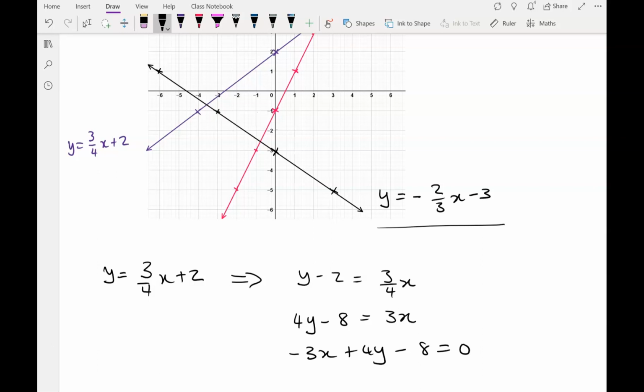If you have it in this format over here, where all the x's and y's and numbers are all on one side of the equation, and you don't have any one subject, then sometimes the dual intercept method is going to be the correct one to use. And that's something you're going to learn with experience, drawing lots of different graphs in lots of different situations. You choose the method or the approach that's going to be most suitable for you.